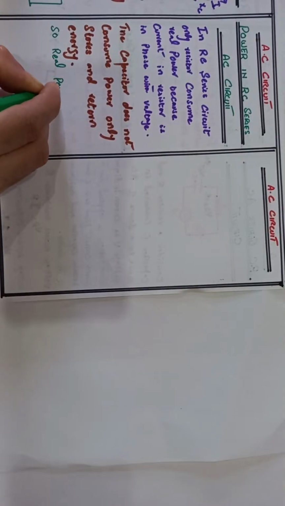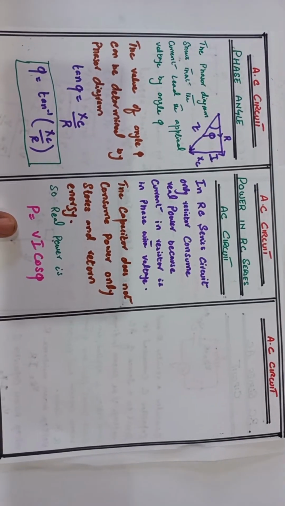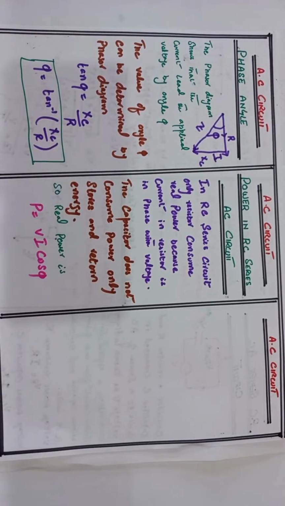So the real power consumed by the resistor is P equal to VI cos phi. That is all about the power in the RC series circuit and phase angle.